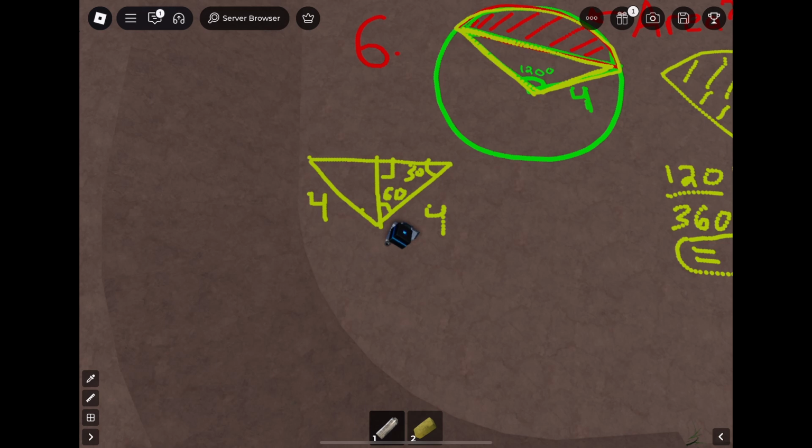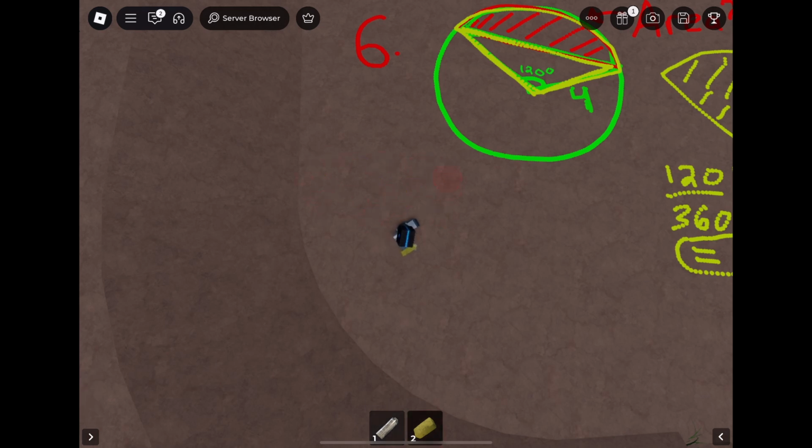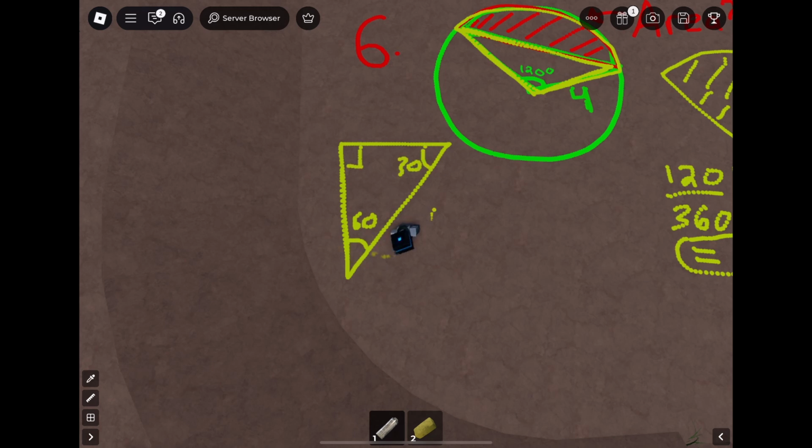Well, wait a minute. This is a 30, 60, 90 triangle, which means we can find what the sides in this little triangle are, and then maybe that'll help us find the area of the triangle. So I'm just going to draw this 30, 60, 90 triangle again. I'll just draw one of them. So I know this is 60, this is 30, and that's 90. I know that this is 4.